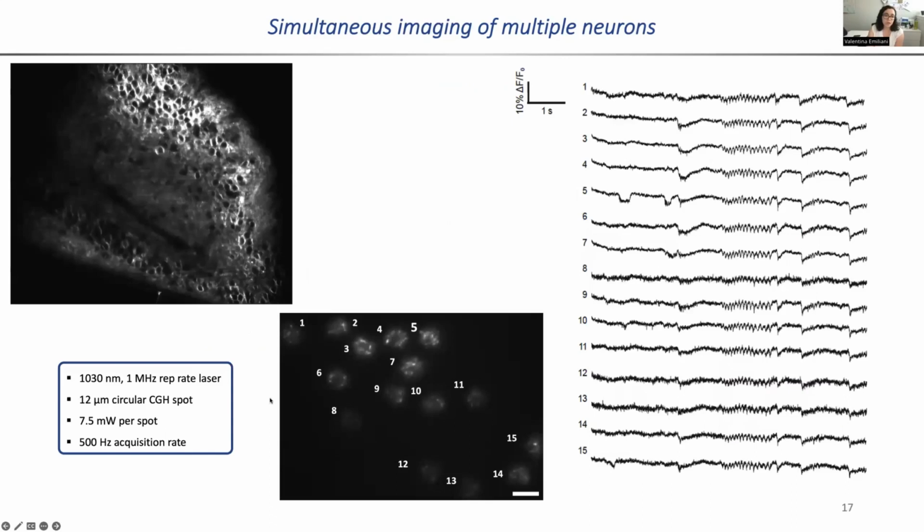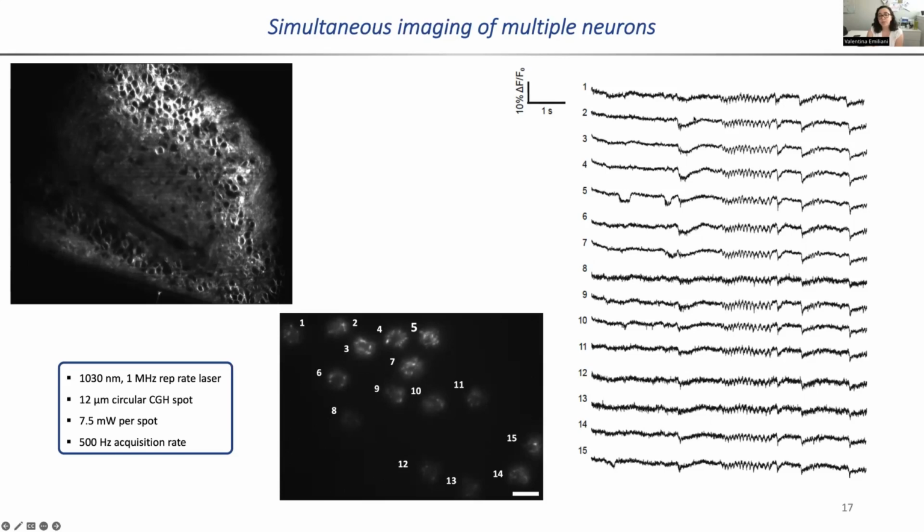We then went on to use a low repetition rate laser source at 1030, actually 500 kilohertz repetition rate, and we used computer-generated holography to image 15 cells here and to image the spontaneous activity in these slices at 500 hertz.